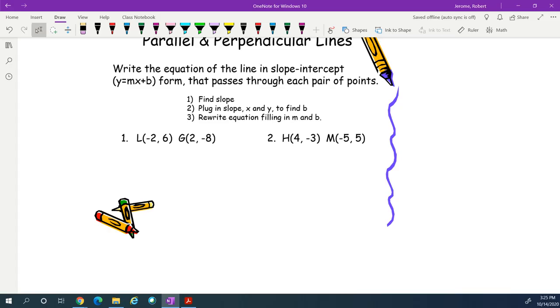First thing we're going to do is find the slope. I'm working on number 1, slope of LG: -8 minus 6 over 2 minus -2, -14/4, -7/2.